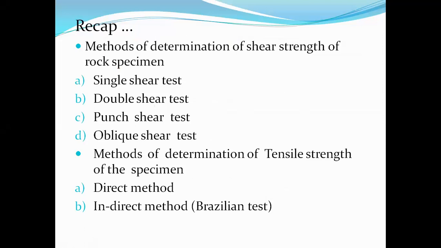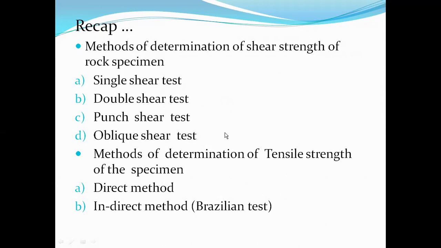In the previous video lecture, we discussed the methods of determination of the shear strength of rock mass, and the different methods that we use. The methods are single shear test, double shear test, punch shear test, and oblique shear test. These are the four methods that we use to determine the shear strength of the rock specimen.